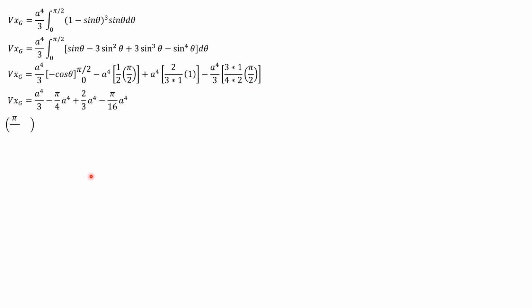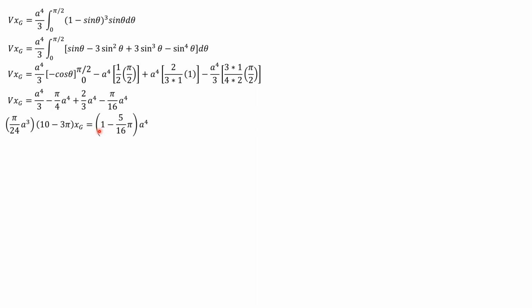Substitute volume pi over 24 a cubed times x sub g, which equals pi over 24 a cubed, quantity 10 minus 3 pi times x sub g. Then this one, after we factor out a to the fourth, is 1/3 plus 2/3 is 1 a to the fourth.